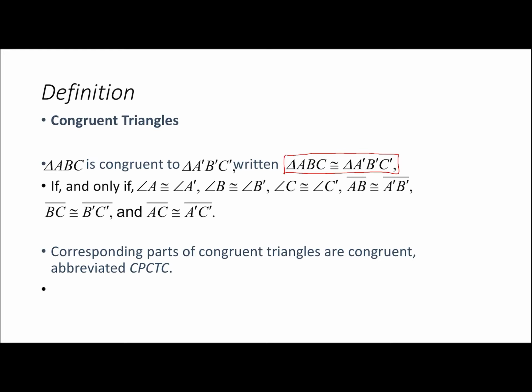If and only if angle A is congruent to angle A prime, angle B is congruent to angle B prime, angle C is congruent to angle C prime, and then all those side lengths are congruent. So segment AB is congruent to segment A prime, B prime. BC is congruent to segment B prime, C prime. And segment AC is congruent to segment A prime, C prime.